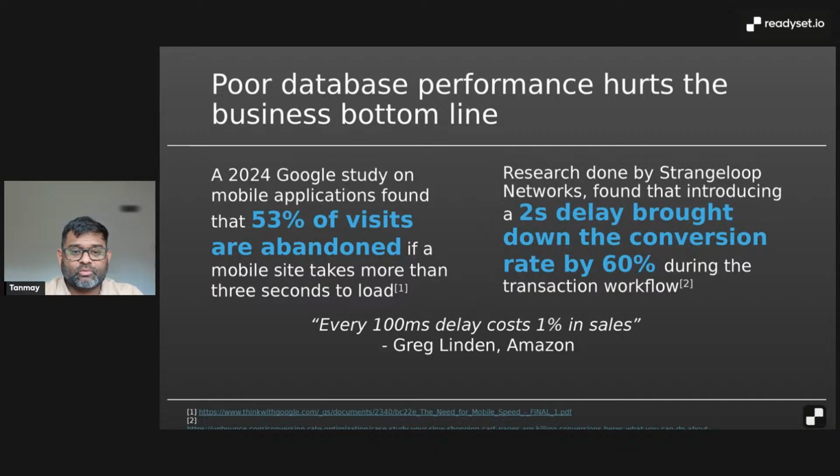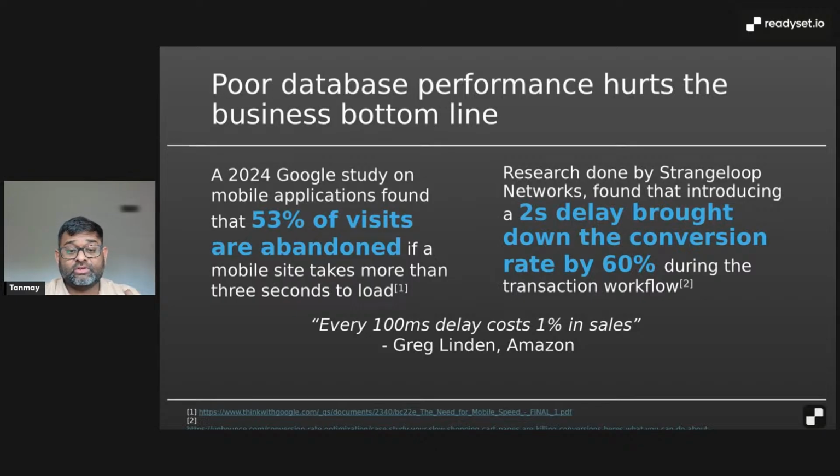Let's start with the why. Query performance isn't just an engineering concern. It directly affects business outcomes. Amazon once reported that every 100 millisecond delay costs them 1% in sales. A separate study found that just a 2-second delay during the transaction flow can lead to a 60% drop in conversions.